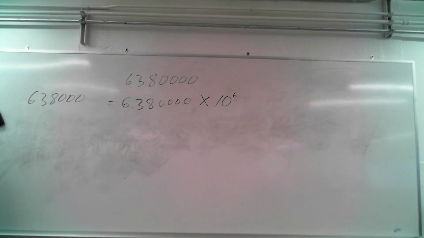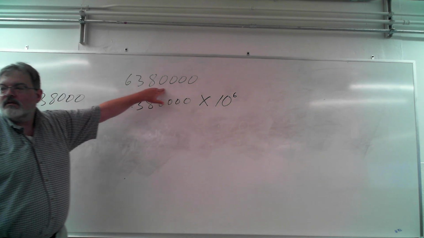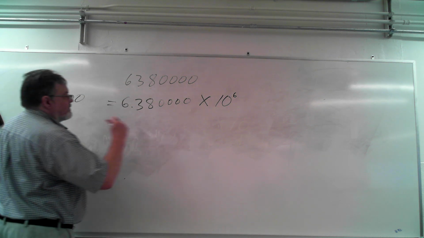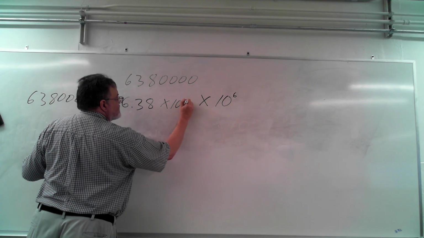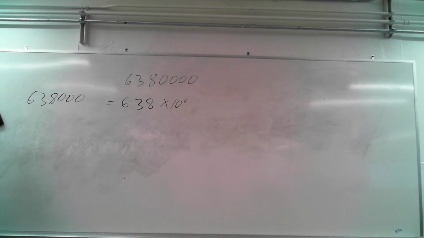One more thing I need to do though. Are these zeros significant? No, they are not. So these don't need to be there. So it's just times 10 to the 6. Because you only keep the significant digits once you put it in scientific notation.